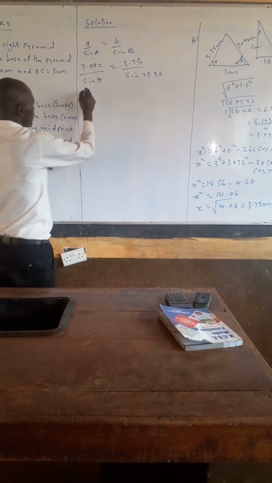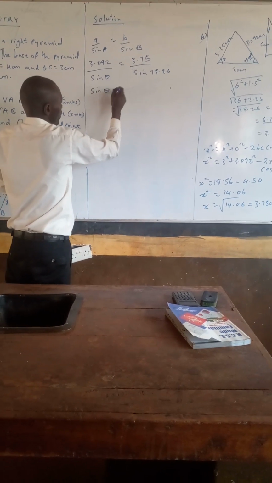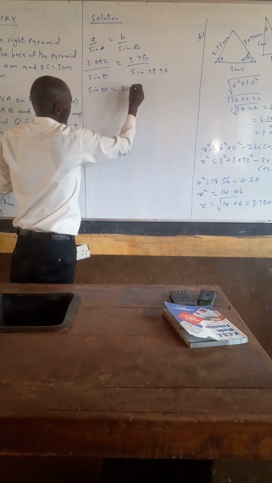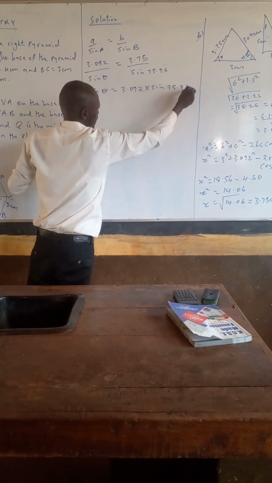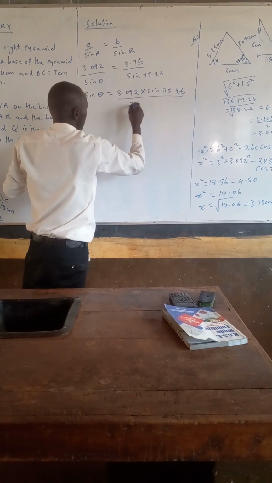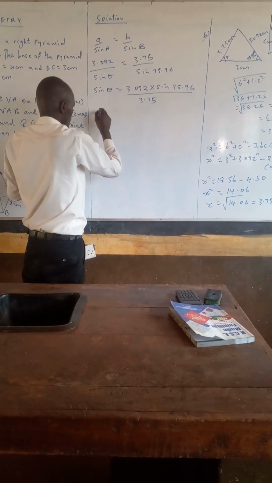So sine theta will be equal to 3.092 multiplied by the sine of 75.96 divided by 3.75.